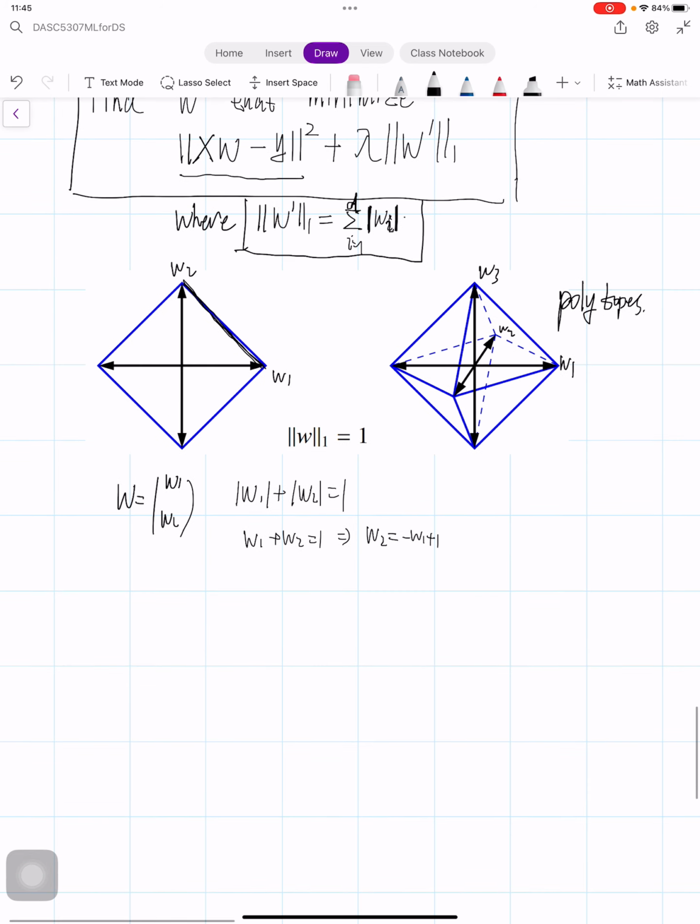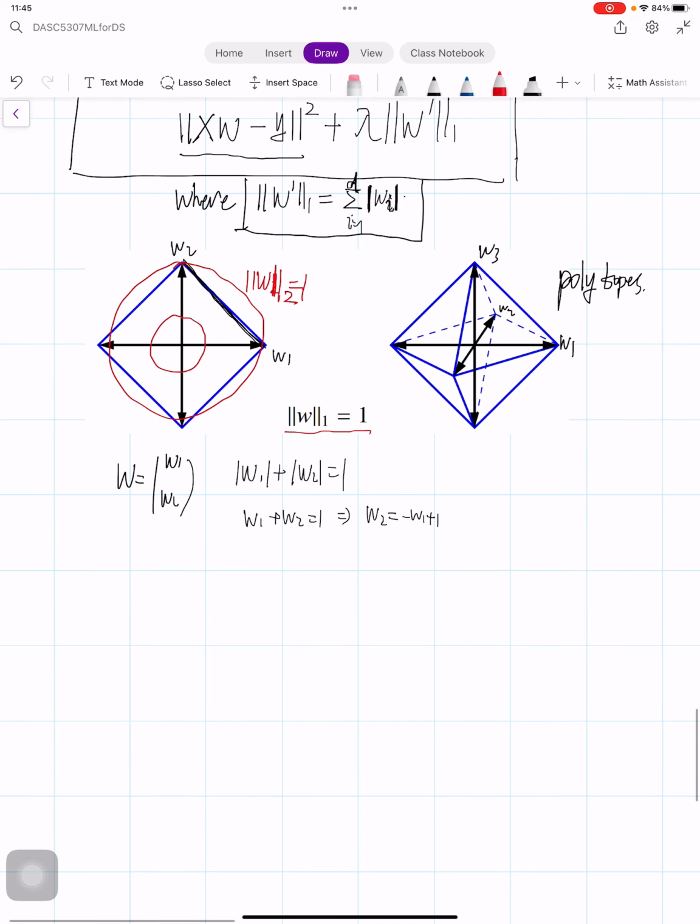It's not the same as the L2 norm, whose iso-surface is circles. So this is W1, this is W2.